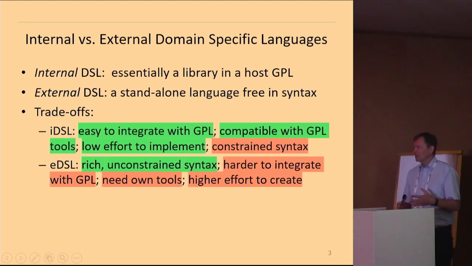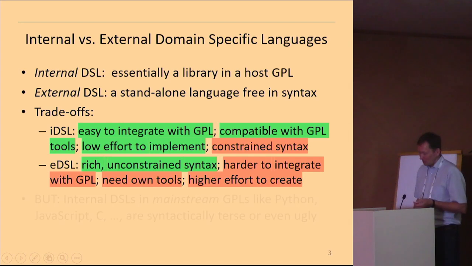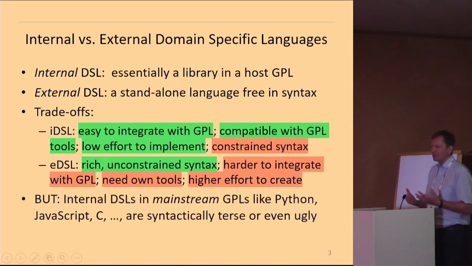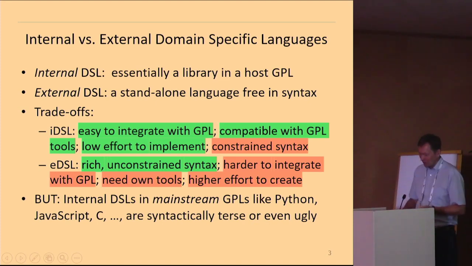So it seems like a clear vote for internal DSLs, unless you try to combine them with mainstream general purpose languages like Python or JavaScript. And then you get internal DSLs, especially in JavaScript, which are really hard to read, which do not really have a big advantage compared to the original language.